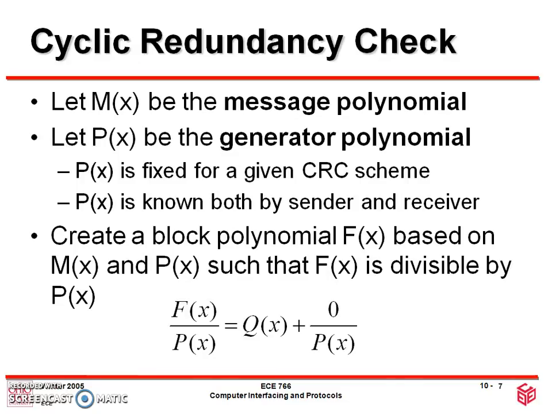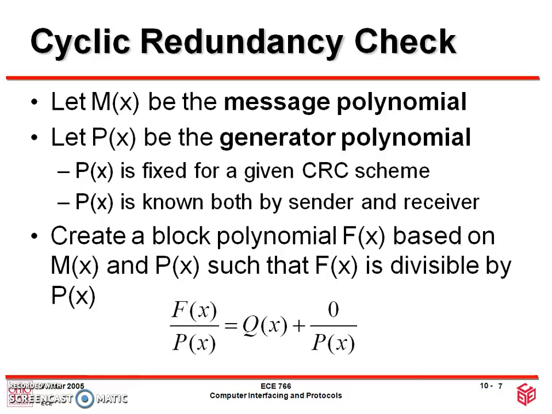Here the mathematical interpretation is that the message is treated as a polynomial referenced as m of x, and we use a different polynomial known as the generator polynomial, p of x.